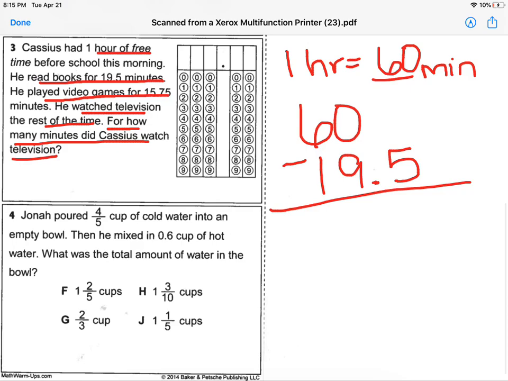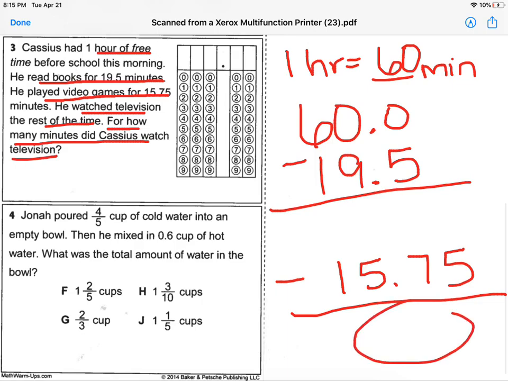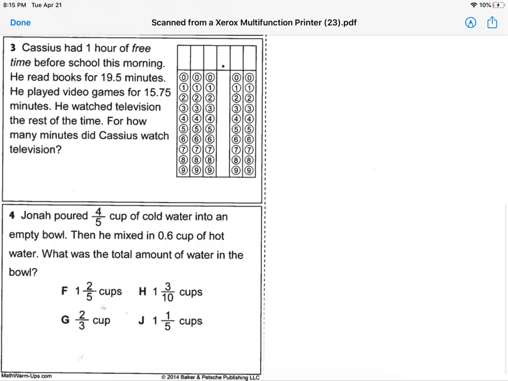What would I need to do? Yep, add a decimal and a 0. Get your answer and then subtract 15 and 75/100 minutes. And this will be your answer. Okay, so you can add 19 5/10 and 15 75/100. You can add those two together and then subtract it from 60. But it doesn't matter. It's up to you how you want to handle that.